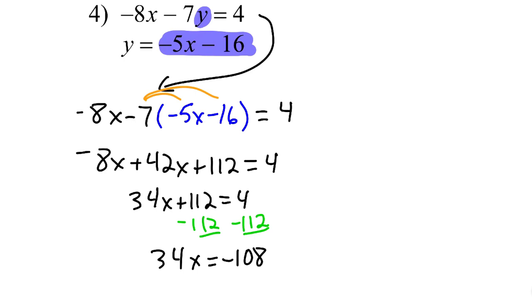I think maybe I made a mistake there on my calculation. Let's see. 7 times 16 is 112. Oh, that's right. All right. 42 minus 8 is 34. Yeah. 108 divided by 34. What? Boy, I'm not really sure what's going on here.